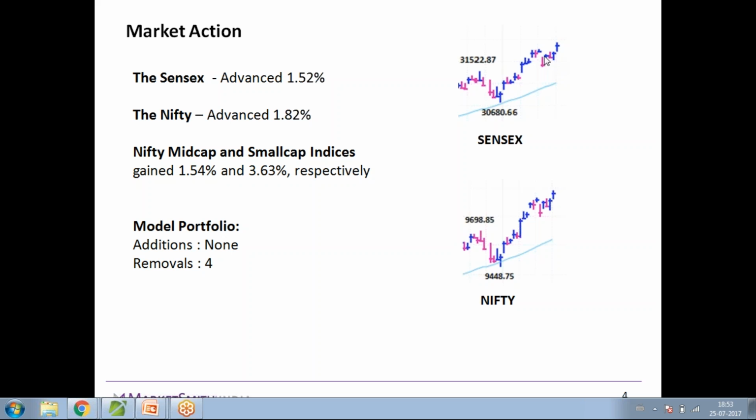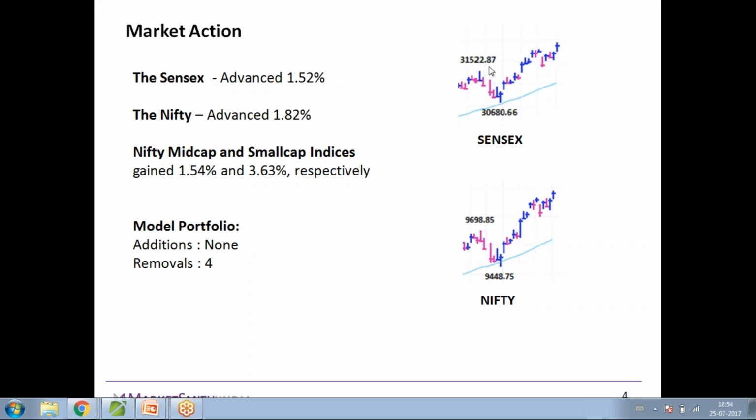So the indices are in a confirmed uptrend, but you need to be very careful when selecting your stocks. With the market in an uptrend, there is a good opportunity to pick good stocks and make good gains, but at the same time, you need to get out of stocks which are starting to show signs of weakness.